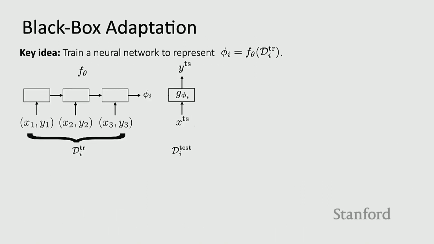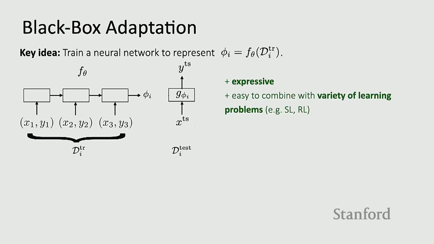Okay, and then to summarize the black box approach and the pros and cons, these sorts of networks are very expressive because they're essentially parameterizing a learning procedure using a potentially very large neural network. It's also very easy to combine this kind of approach with a variety of different problems, including supervised learning and reinforcement learning.